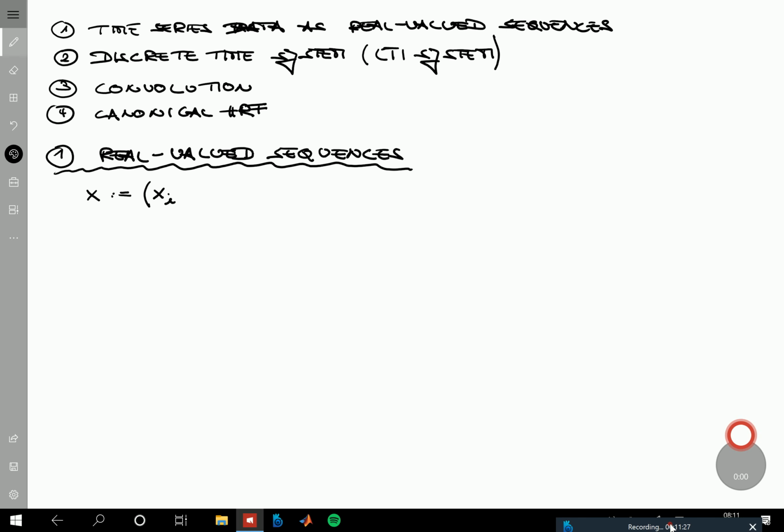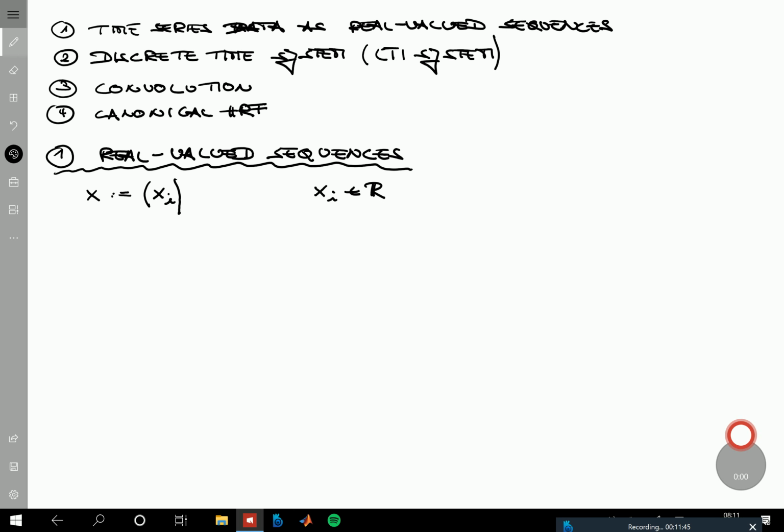Doesn't really say much, but this will be a sequence, and these Xi are the elements of the sequence, and each Xi is just a real number. These are just real numbers. And then we can distinguish different kinds of sequences.